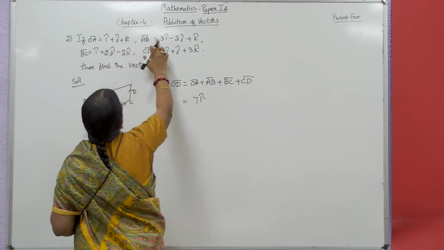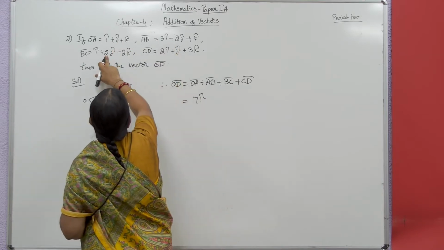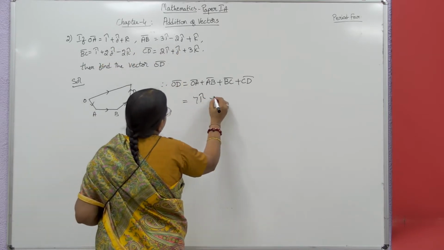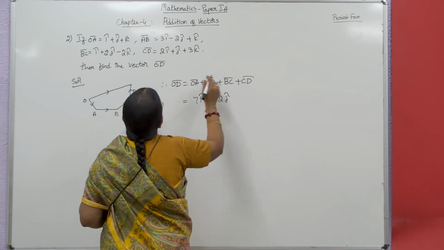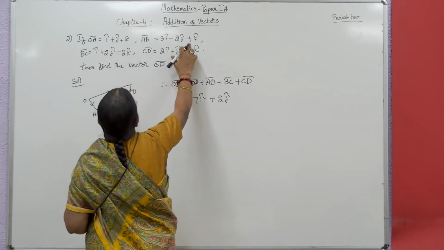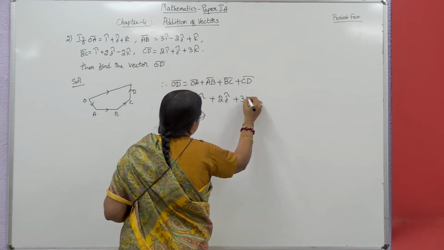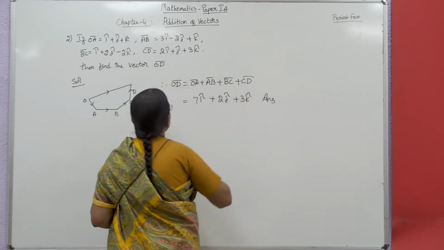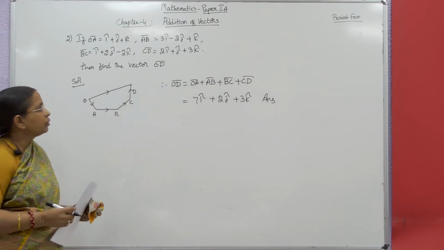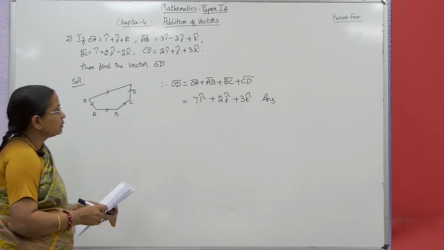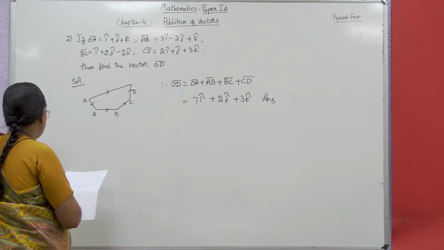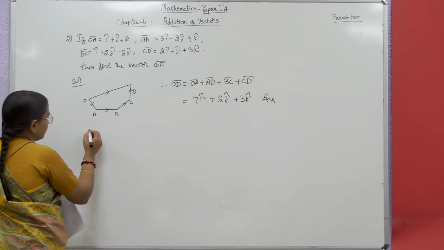And then 1 minus 2 plus 2 plus 1, so 2j. And then 1 plus 1 minus 2 plus 3, so plus 3k. So OD is nothing but OA plus AB plus BC plus CD. Yes, next problem.